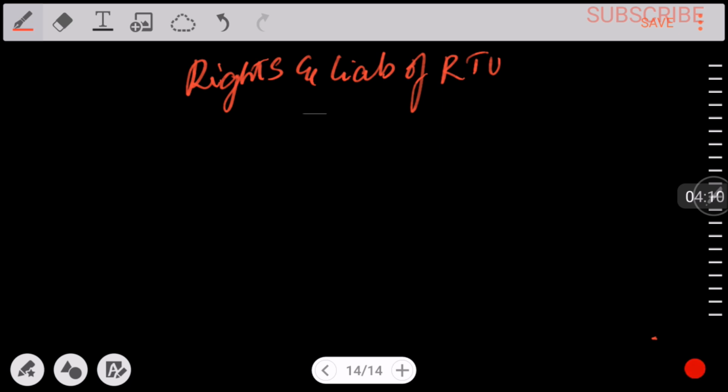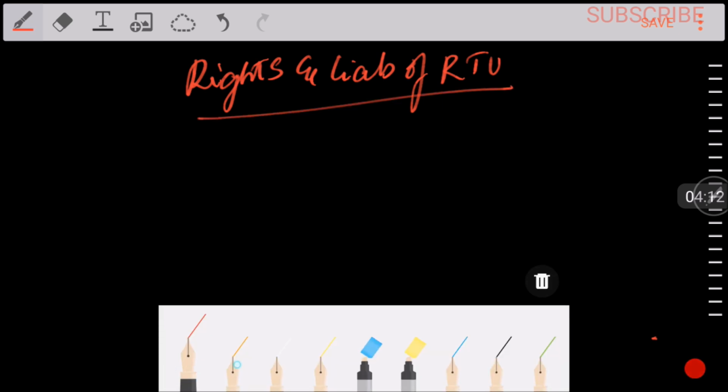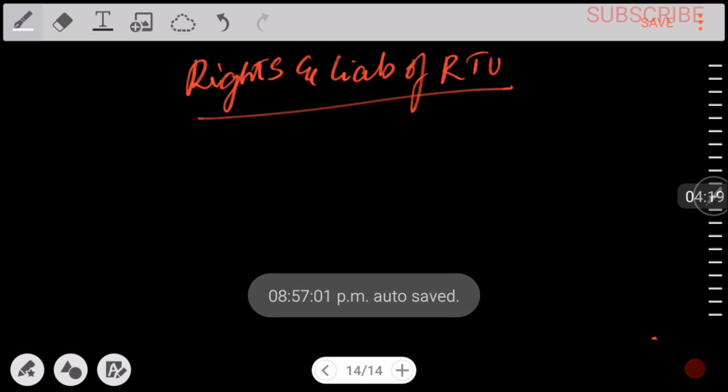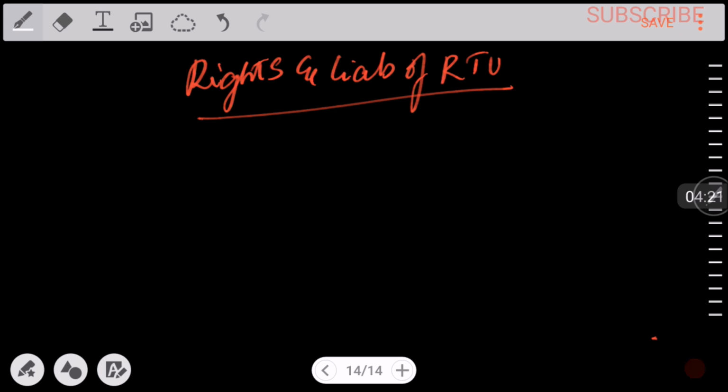Now we will discuss the rights and liabilities of registered trade unions. Right to inspect books of trade union. First is what? Books.